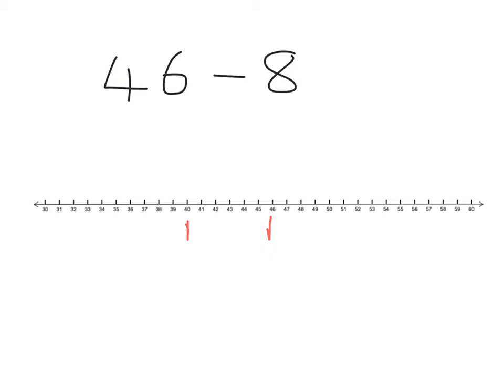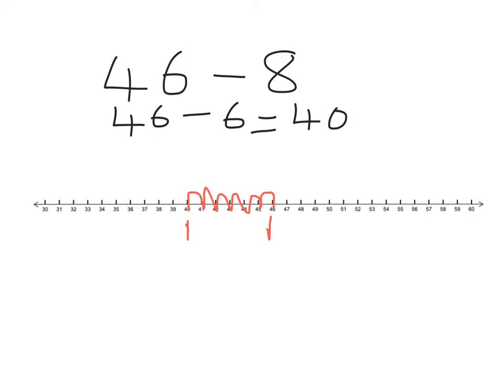So I'm going to jump back from 46 to 40 and count my jumps. 1, 2, 3, 4, 5, 6. So I went 46 take away 6 got me to 40.